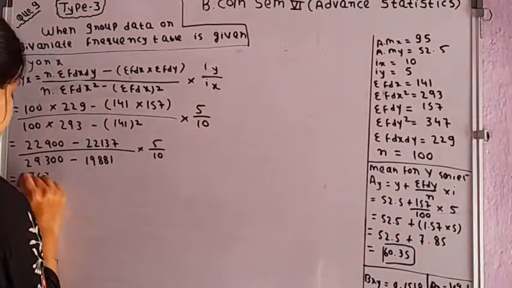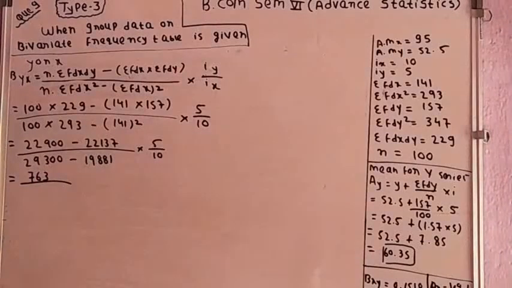After that, 29,300 minus 19,881 comes to 9,419.